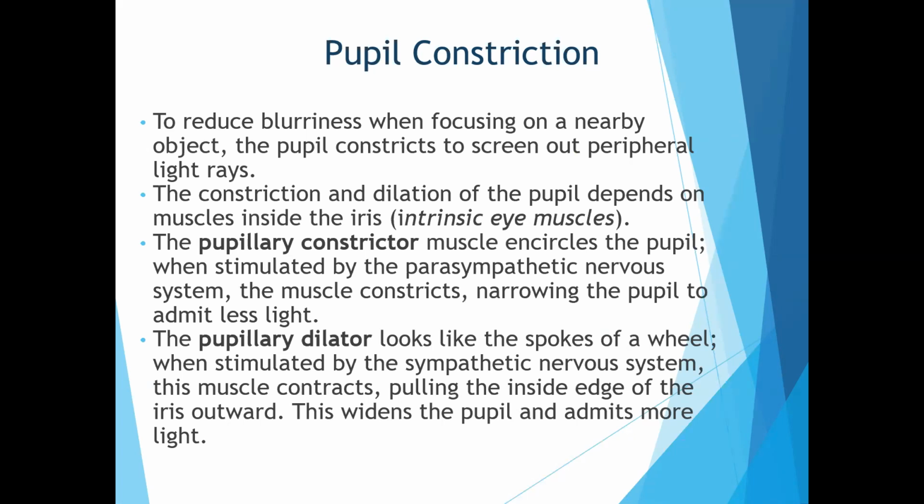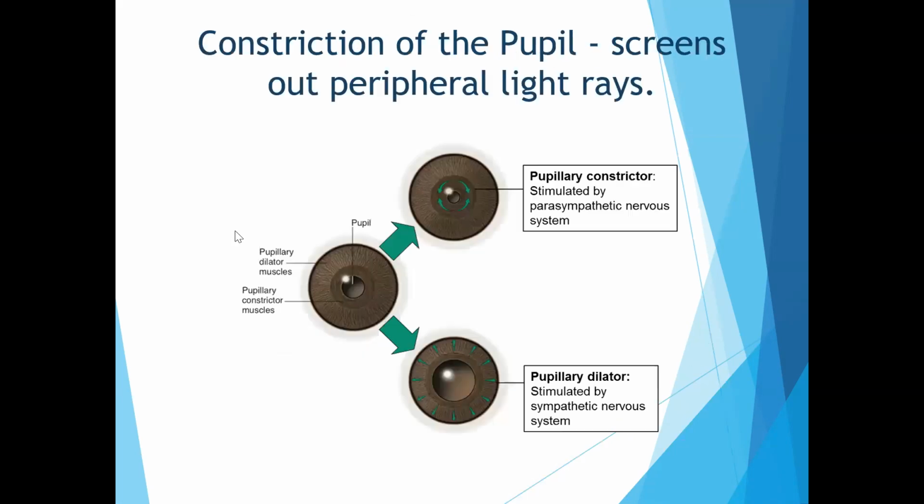So to constrict, the pupillary constrictor muscle is stimulated by the parasympathetic nervous system. Our pupil then constricts and less light comes through. When stimulated by the sympathetic nervous system, our pupil dilates, and so more light comes in. So you see they have dilator and constrictor muscles. So constriction is parasympathetic, dilation is sympathetic.